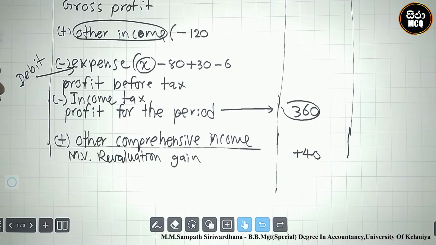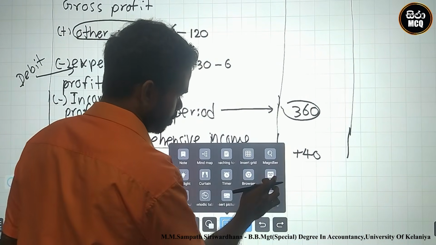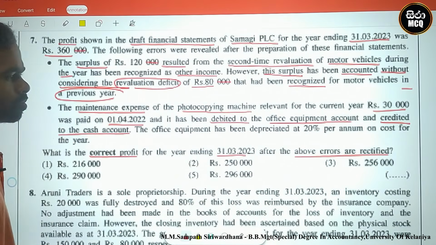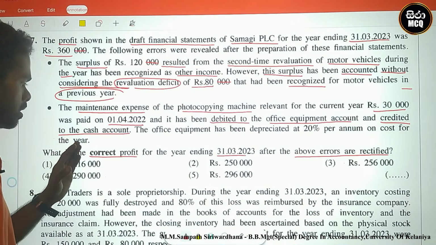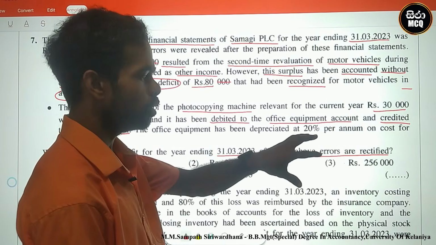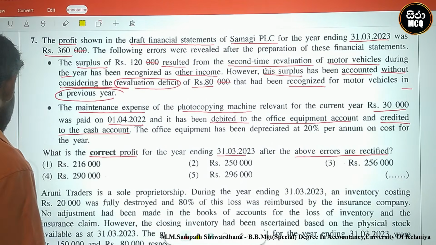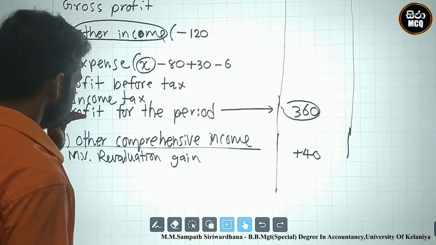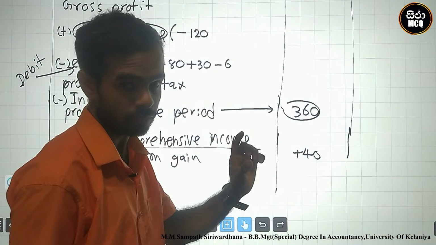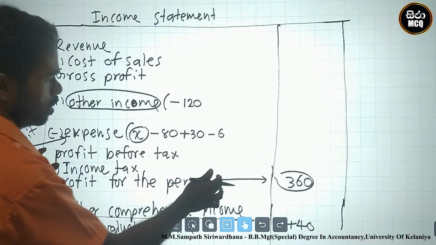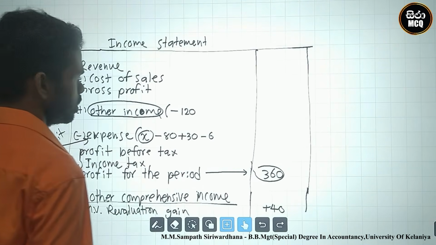Okay. Next one. This we already did. Errors are corrected. What is the impact on the new profit? The requirement is the correct profit for the year ending 31st March after the above errors are rectified. This is the profit for the period, the correct one. It is impacted by all the above. Look here.